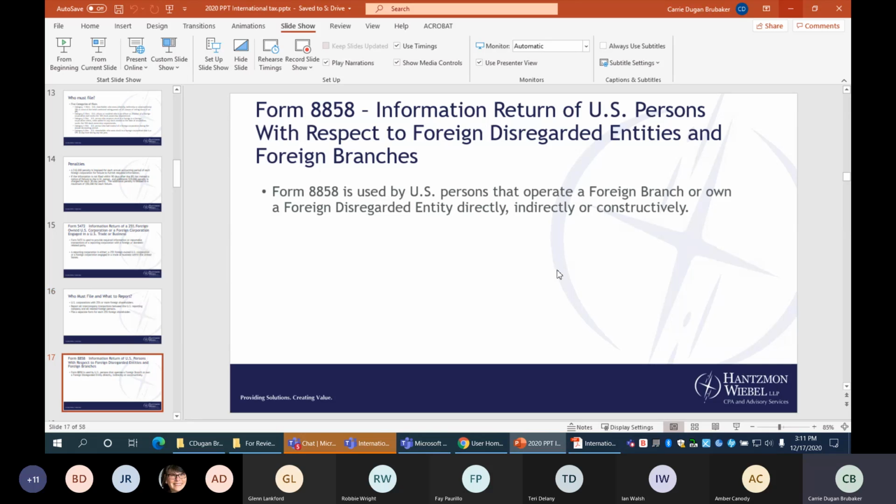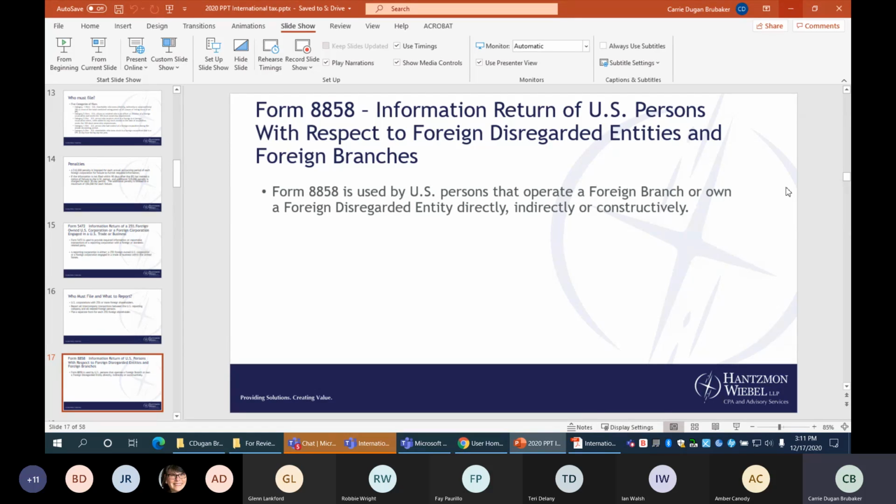Moving on. All right, so next up we have the 8858. That form is used by U.S. persons that operate a foreign branch or a foreign disregarded entity directly or indirectly. So this is a form that we use to report overseas rental properties.